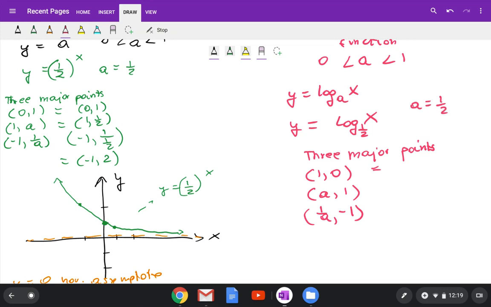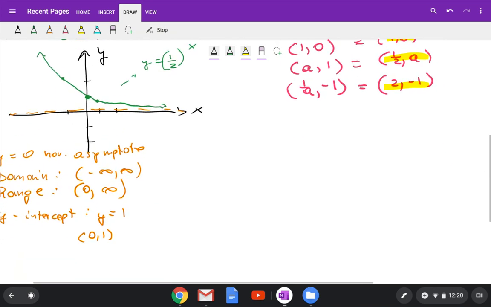In our case, the base is 1/2. So we're going to have 1 comma 0, 1/2 comma 1, and 1 over 1/2, which is 2 comma negative 1. So we use the 3 major points from the exponential function and switch the coordinates, and we end up with the 3 major points of the logarithmic function.